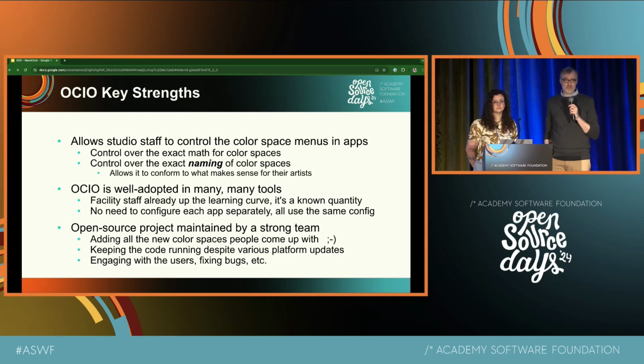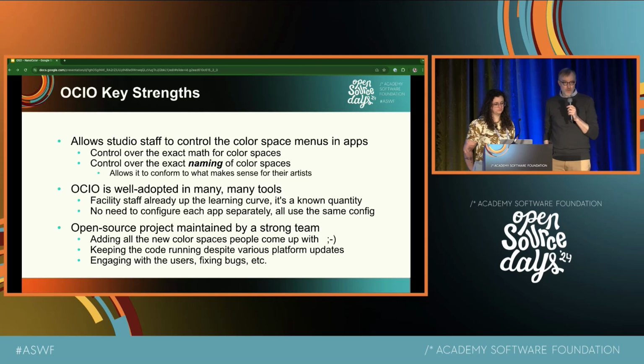OCIO is well adopted, and so it's a known quantity. People understand how to use it. They like the ability to create one config and share it across a variety of applications. We try to keep it a well-managed open source project here at the ASWF. As people add new color spaces, we add support for them.